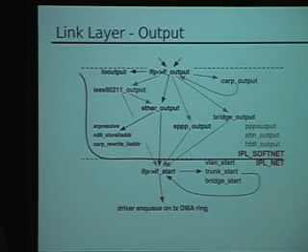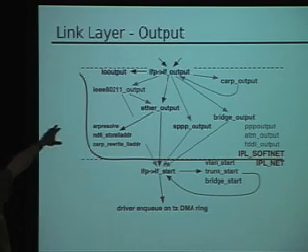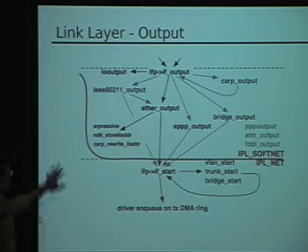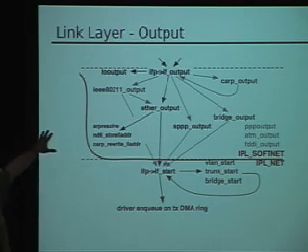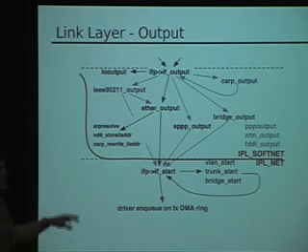In the link layer itself, this interface output function is backed by multiple other output functions. There is, again, ether output, which is the one that probably most traffic will flow through. Then there is lo output, the loopback output function. There are a couple of others, like PPP or IEEE 802.11 for the wireless stuff.